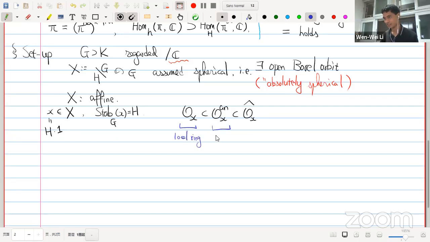And this is the ring of germs of analytic functions at x. And the final one is just the formal version, formal germs of functions at x.